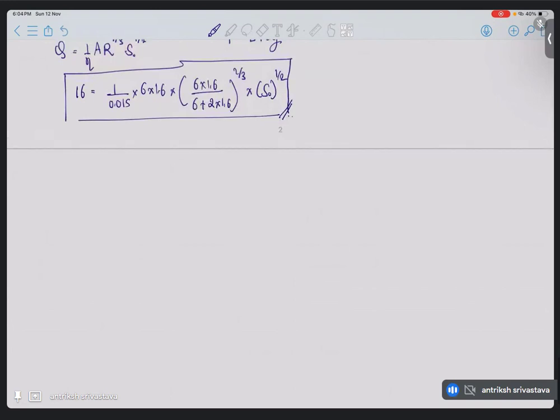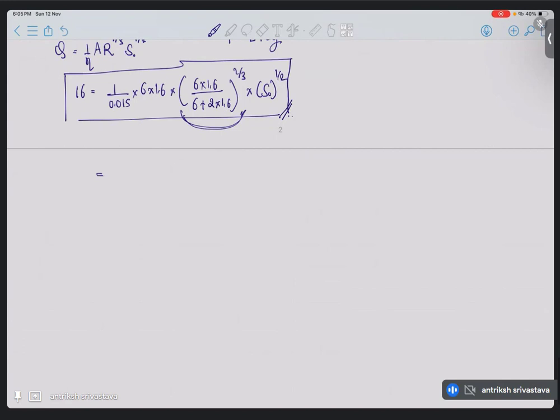Let's solve. First let's simplify the value for R to the power 2 by 3. 6 into 1.6, that is 9.6, divided by 6 plus 3.2. So R is 1.0434. And then we have power 2 by 3, that is 0.667. That is 1.028.